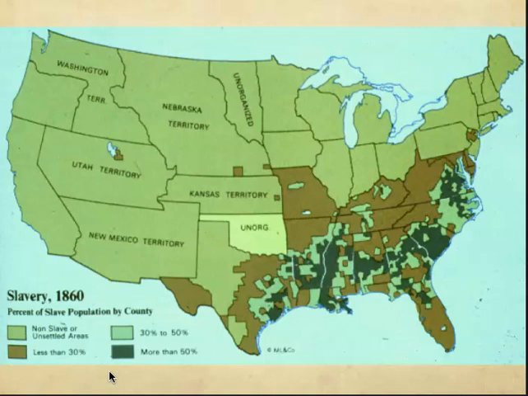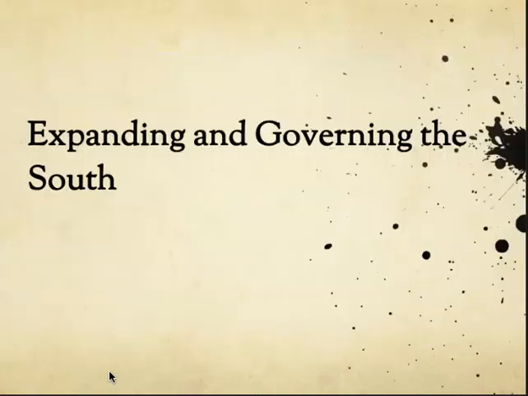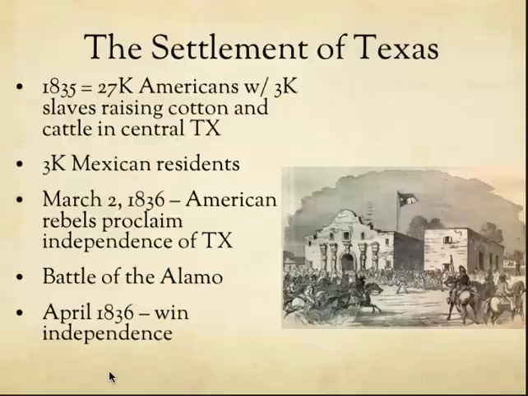Obviously, the darker the color, the dark green, is more than 50%. Now, expanding and governing the South. Now, we have the settlement of Texas. In 1835, there were 27,000 Americans and about 3,000 slaves raising cotton and cattle in central Texas. There were also 3,000 Mexican residents.